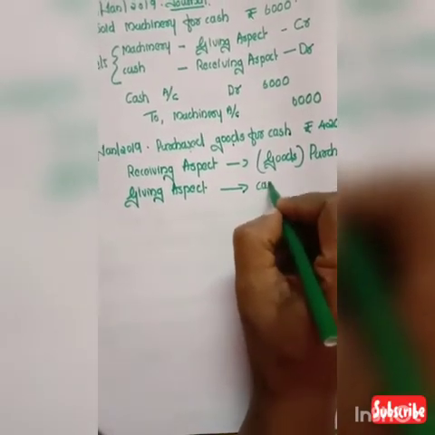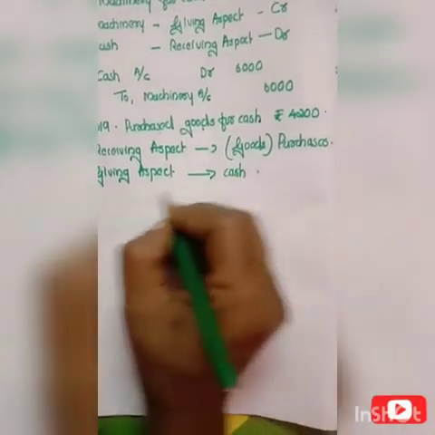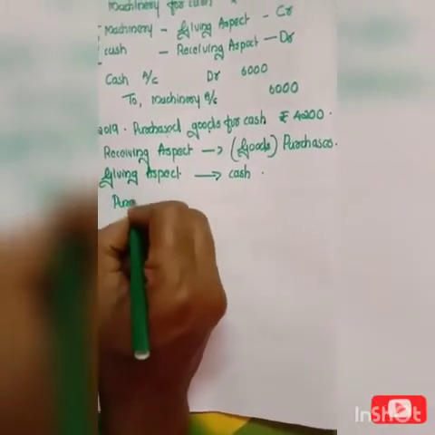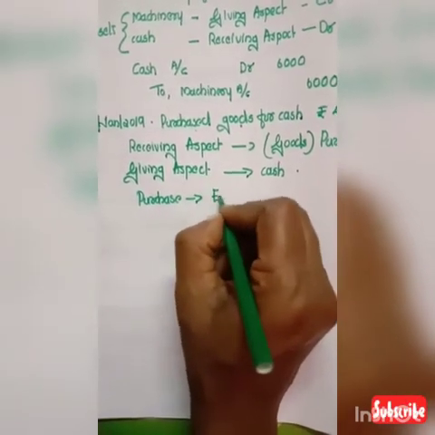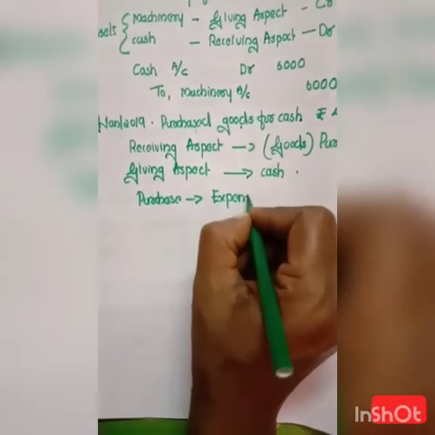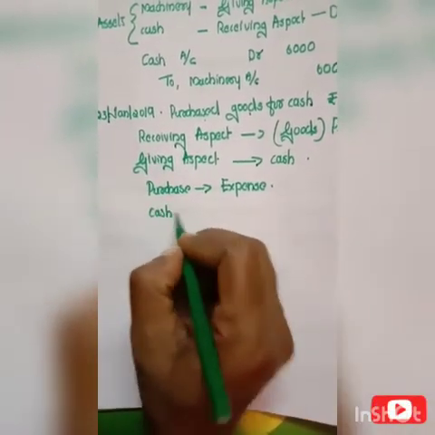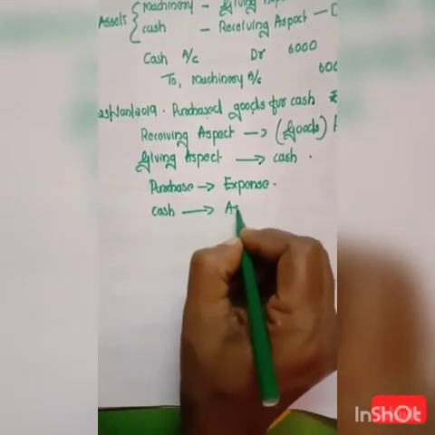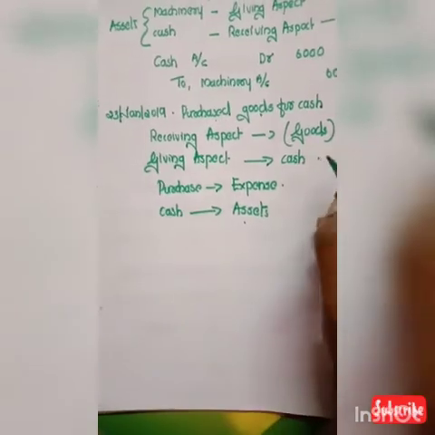Giving aspect is cash. Purchase is an expense, an example of direct expense, and cash is an asset.